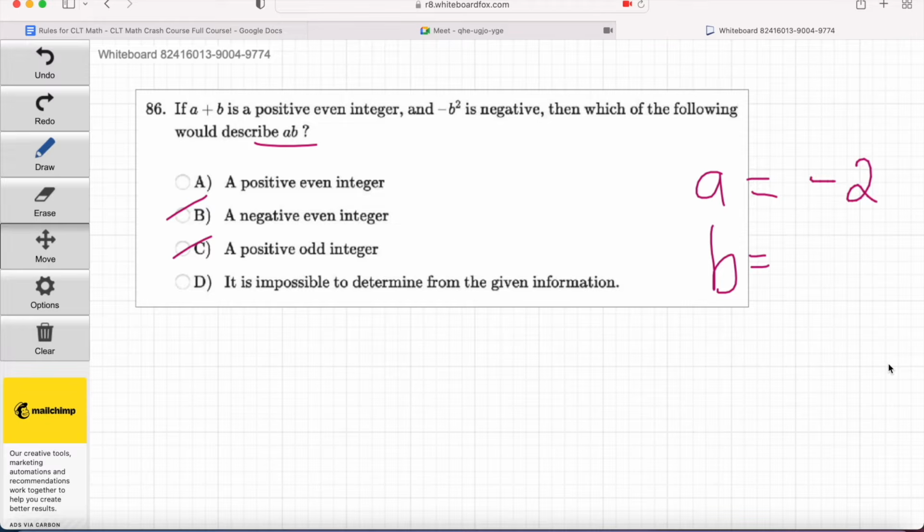But then part of the criteria is that A plus B has to be positive even. I love where you're going with this. So what's B? What value for B would give us a positive even integer?